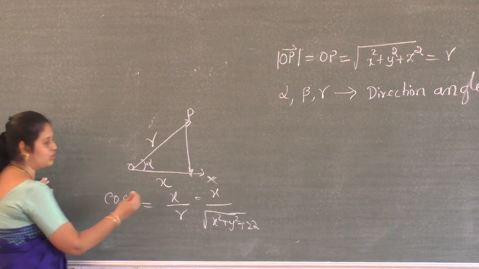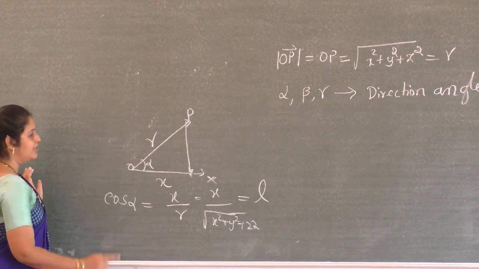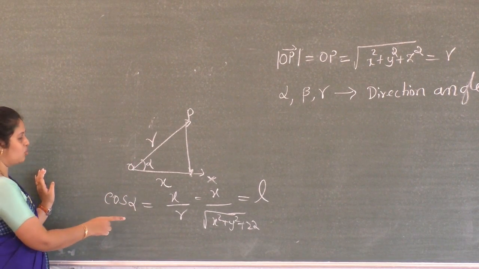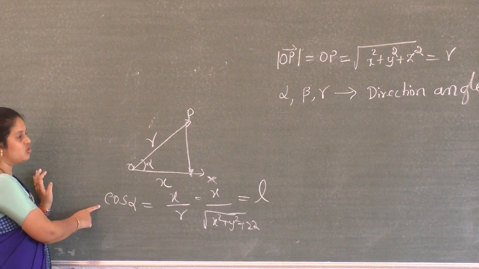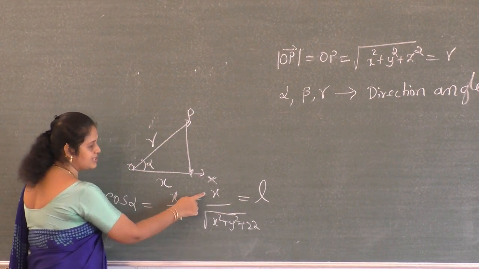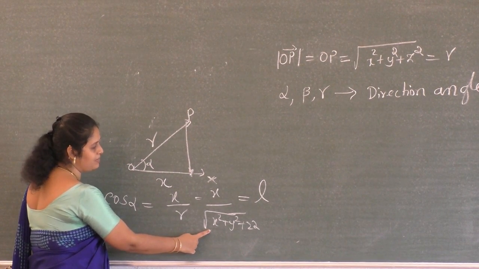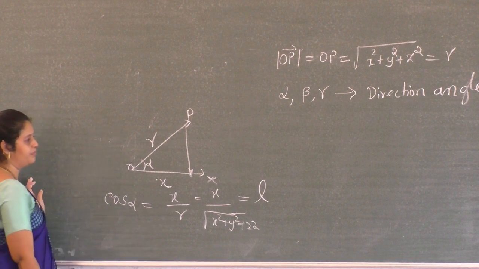And this is equal to, I will give the notation L. That is called direction cosine. So direction cosine L is equal to x by magnitude of that vector.